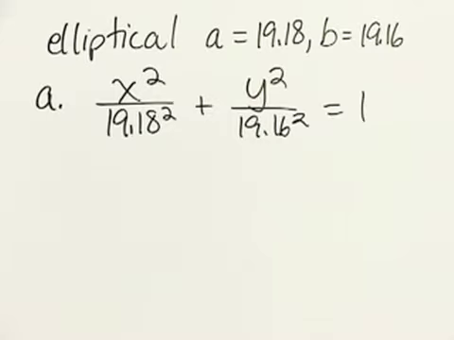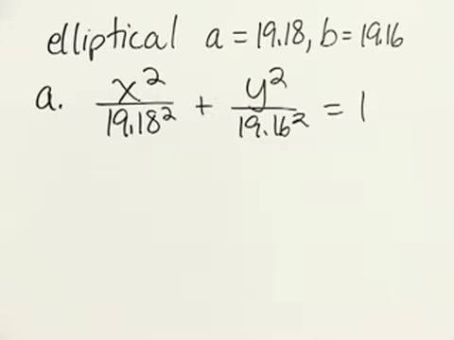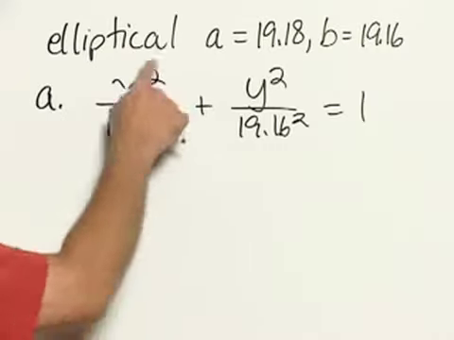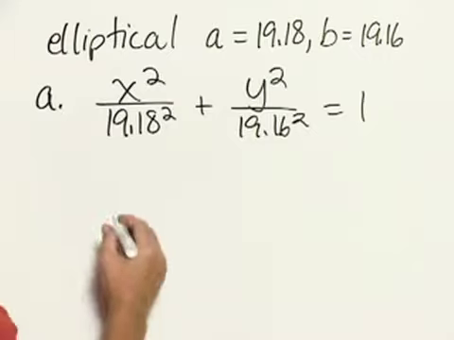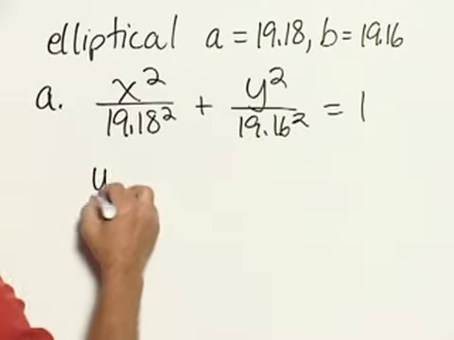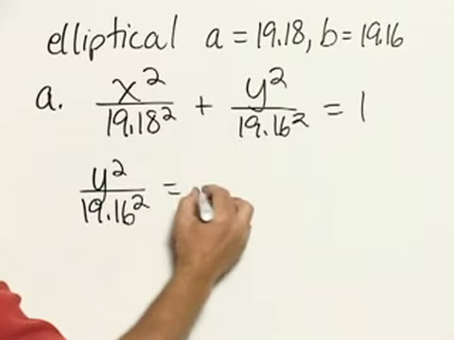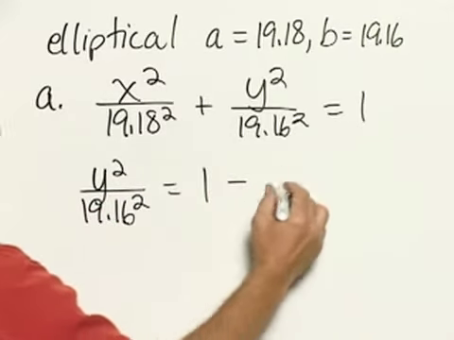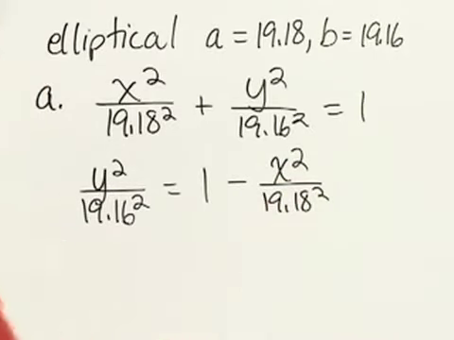In order to use the calculator to help us solve this, we need to solve for y. First, let's subtract x squared over 19.18 squared from each side. So y squared divided by 19.16 squared will equal 1 minus x squared over 19.18 squared.